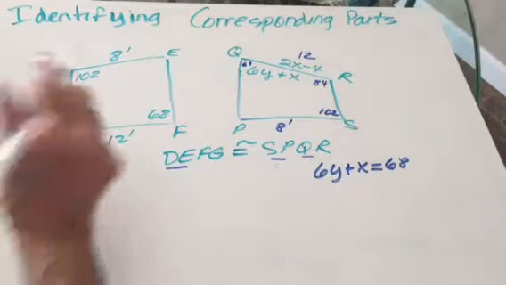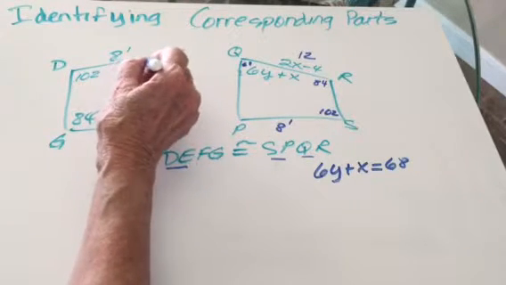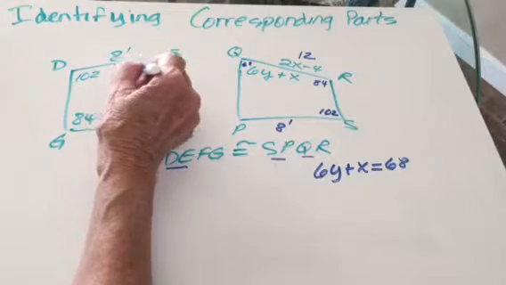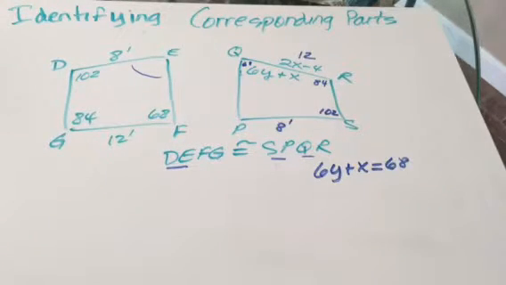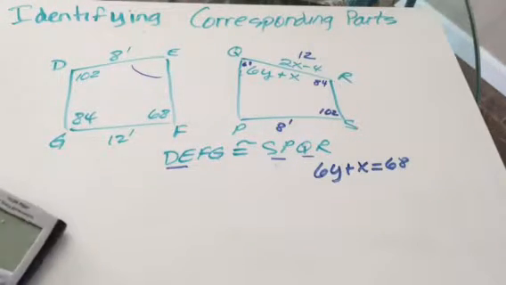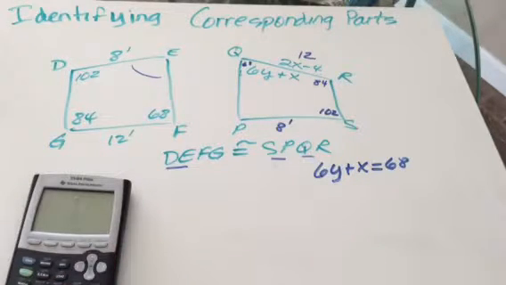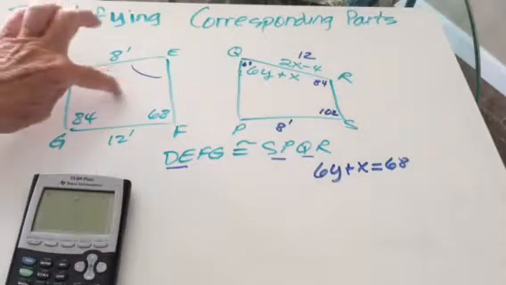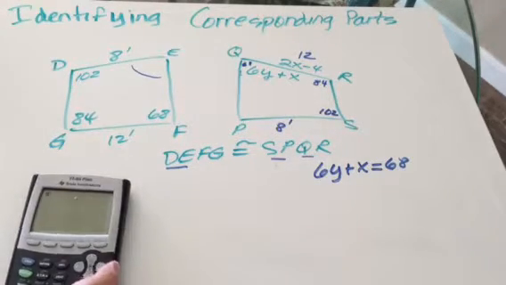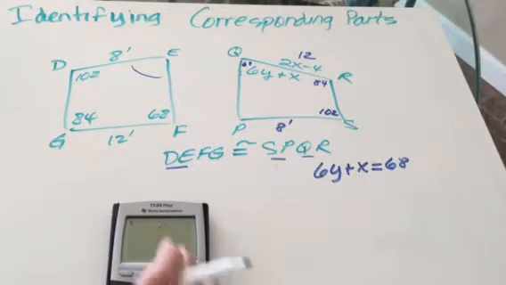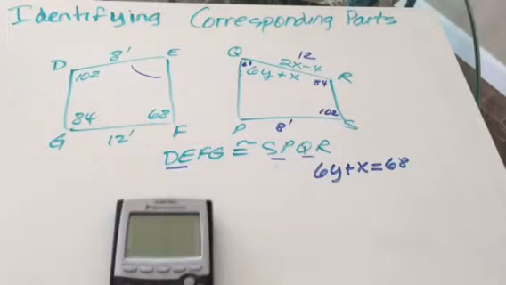Now, I don't know if we need this, but there's one more angle that we don't have. Right here. Now, if you don't know this, you're kind of screwed. Any quadrilateral has 360 degrees. Any four-sided quadrilateral thing has 360 degrees. So I'm going to go like this.